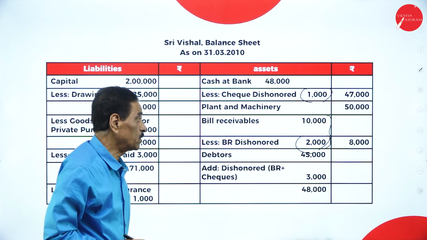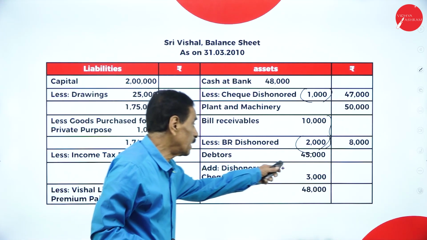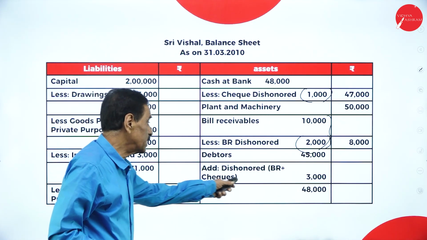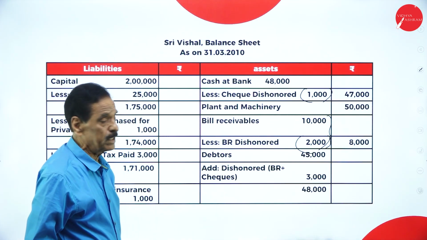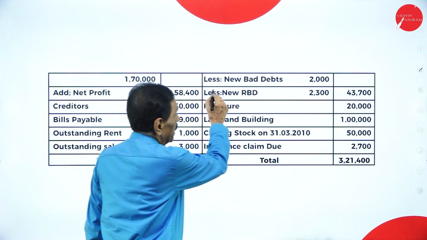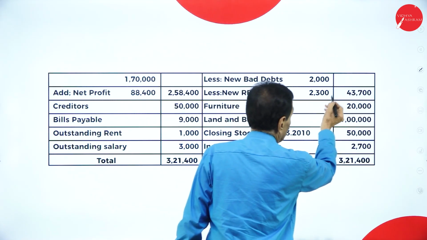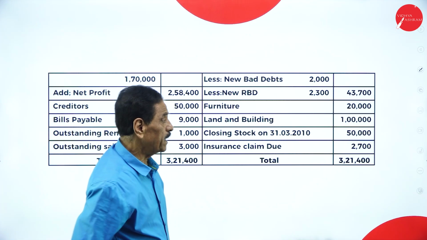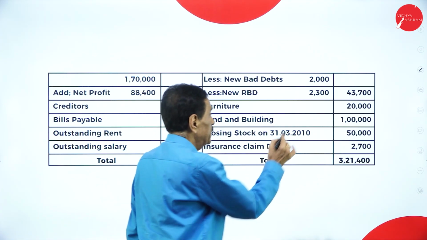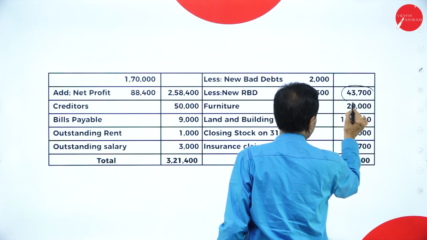Debtor 45,000. Add dishonored BR and check 3,000, it becomes 48,000. Less new bad debt 2,000. Minus new RBD 2,300. The net figure is 43,700. This is as per the working note.